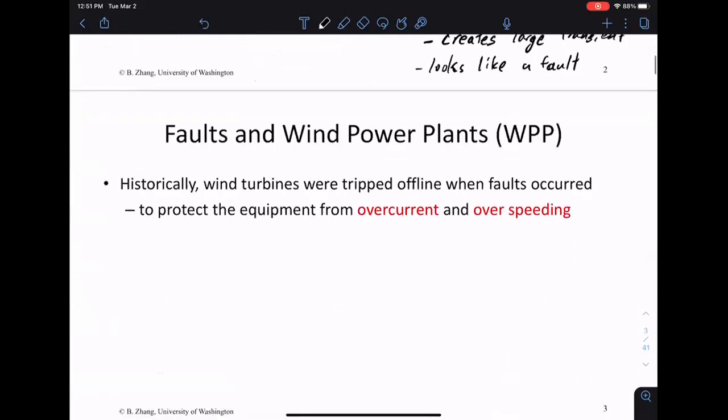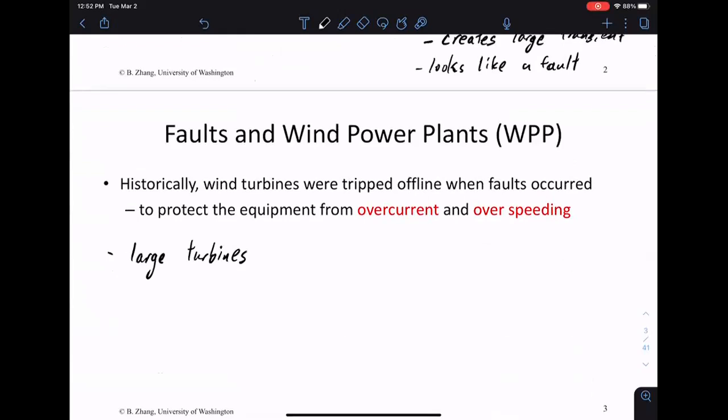Right. So again, repeating this, historically, we disconnect the machine to protect against overcurrent and overspeeding. But for large turbines, so if your turbines are very large, right? A small machine is fine, you can absorb that.